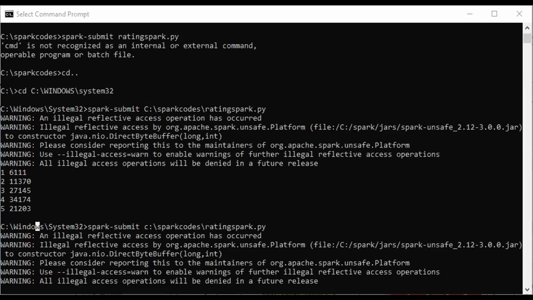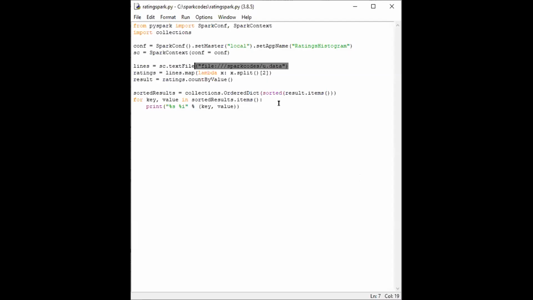Let me just open the code again. After you download and install Spark successfully, and after you download this Python code from your Moodle, within your Python code you also need to put the address of u.data here.